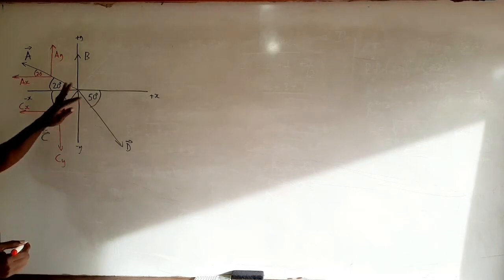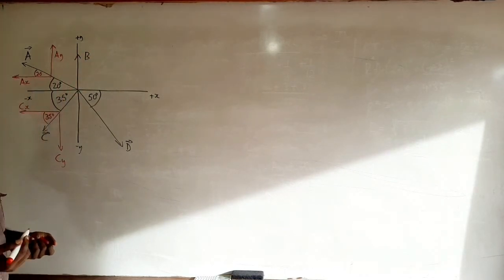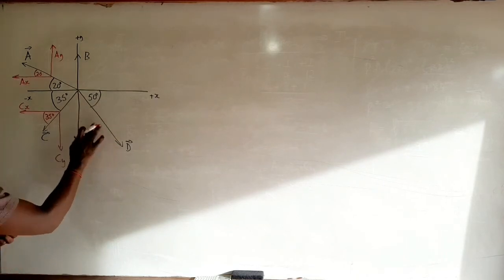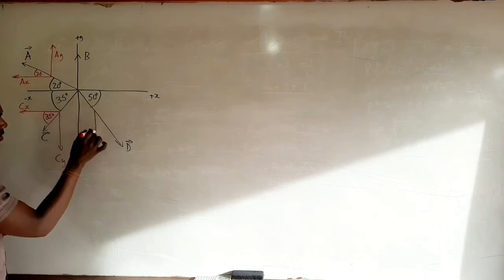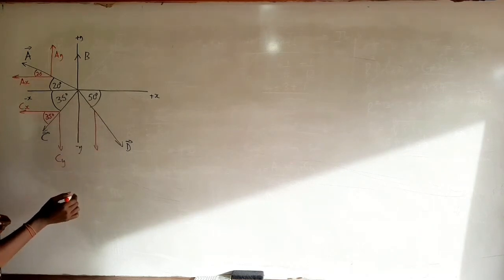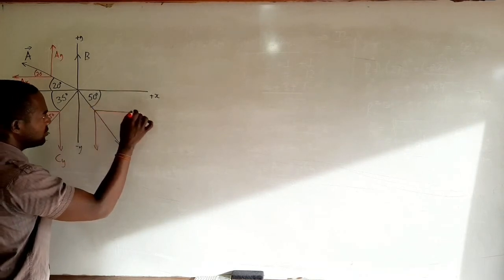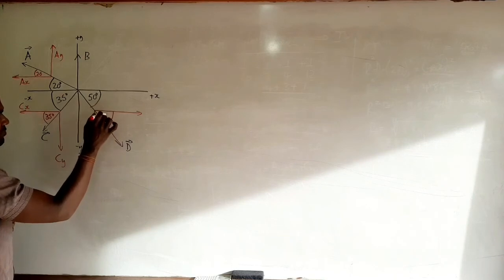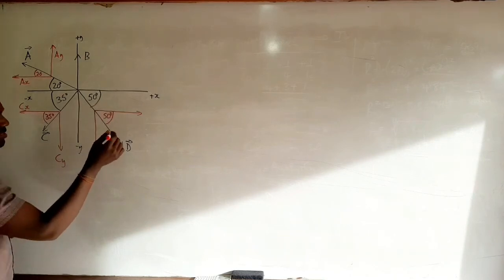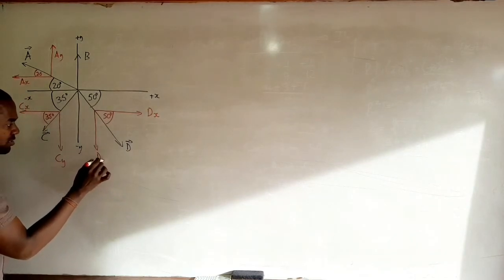B is acting vertically along the y-axis and therefore has no x component. D, acting in this direction, will have a component which is parallel to the negative y-axis and a component which is parallel to the positive x-axis. This angle is still 50 degrees. So we'll call this DX and this DY.